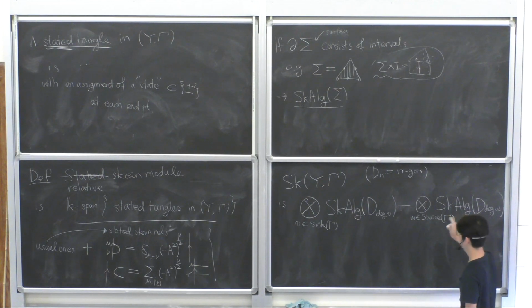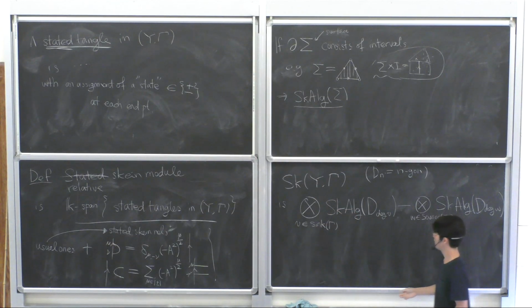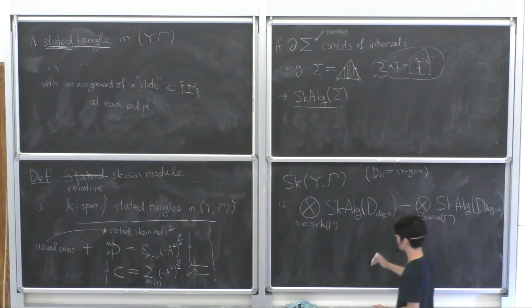It's very important to think of the Skein module as a bimodule rather than just a vector space.